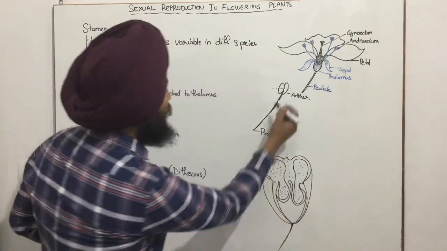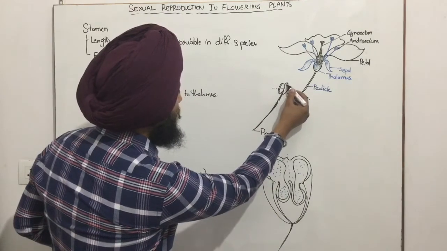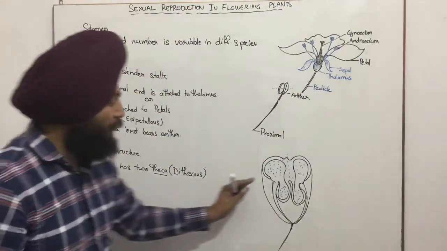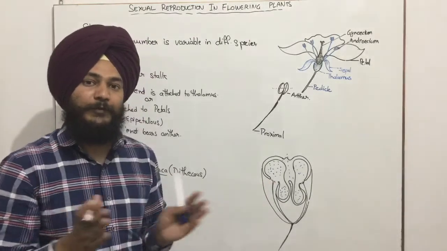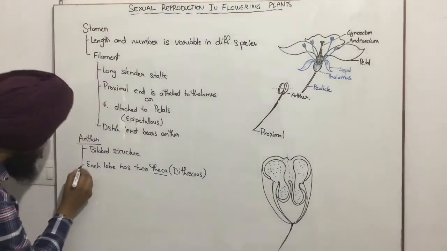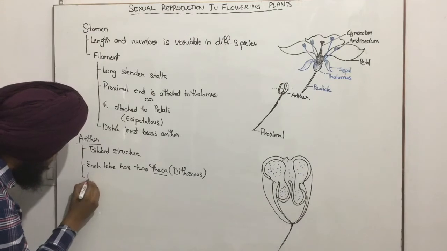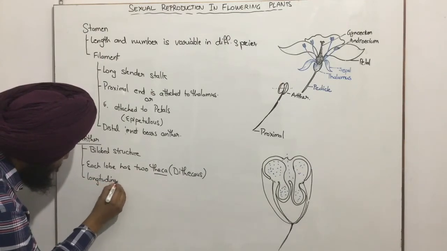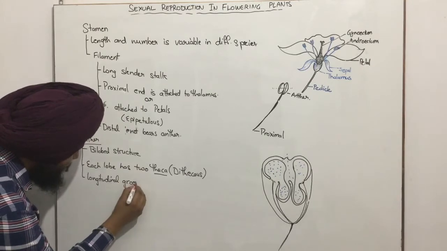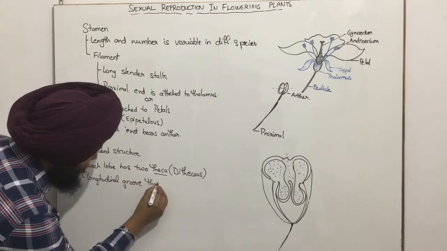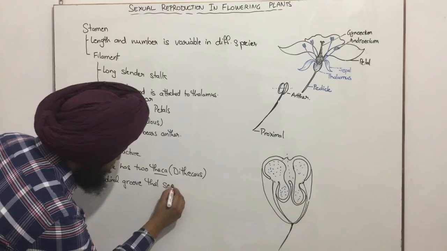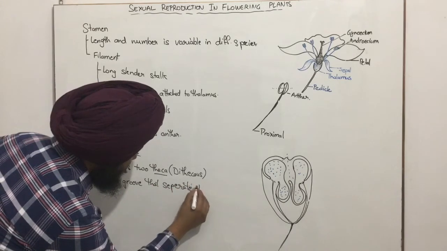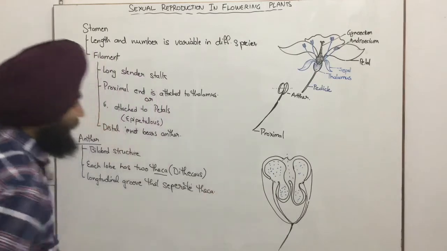So there are two grooves, one on each lobe, and these grooves separate the two compartments or two theca. So there are longitudinal grooves that separate the theca.